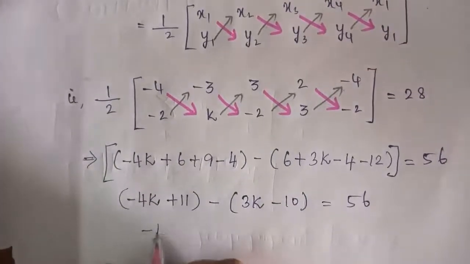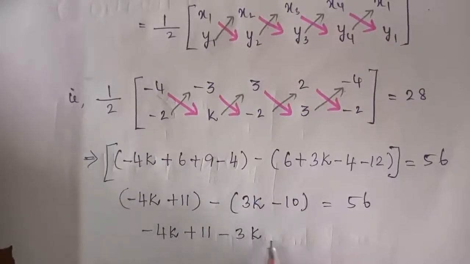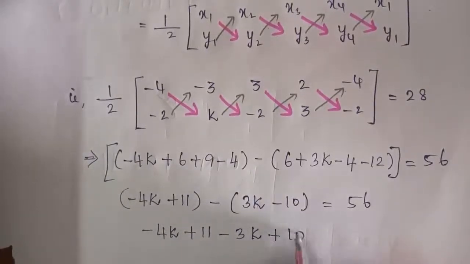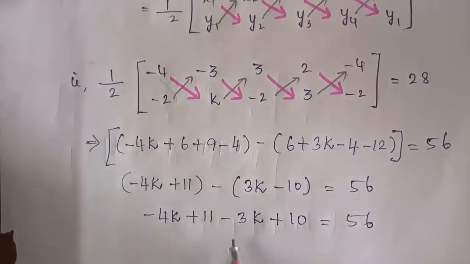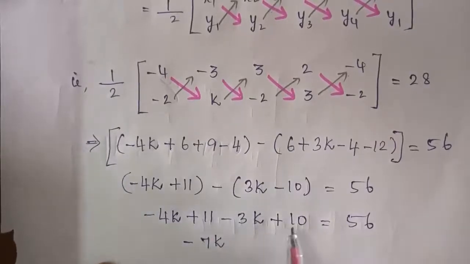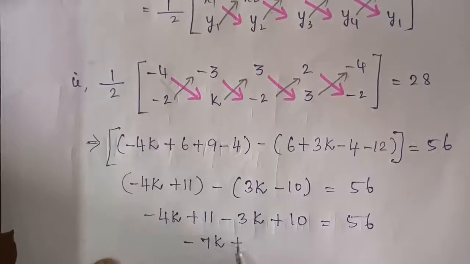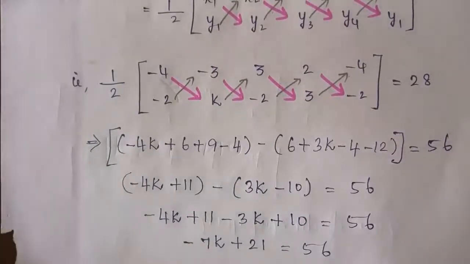So minus 4k plus 11 minus 3k, minus into minus plus 10, is equal to 56. Minus 4k minus 3k is minus 7k, 11 plus 10 is plus 21, is equal to 56.